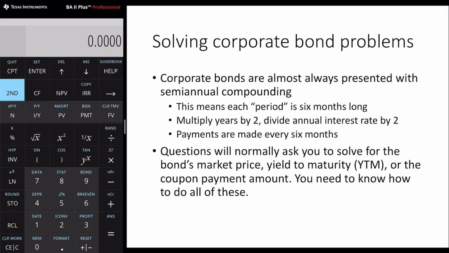That's different from the current yield, which is the coupon payment that I get paid this year divided by the price that I pay. The yield to maturity is a little bit more frequently used.